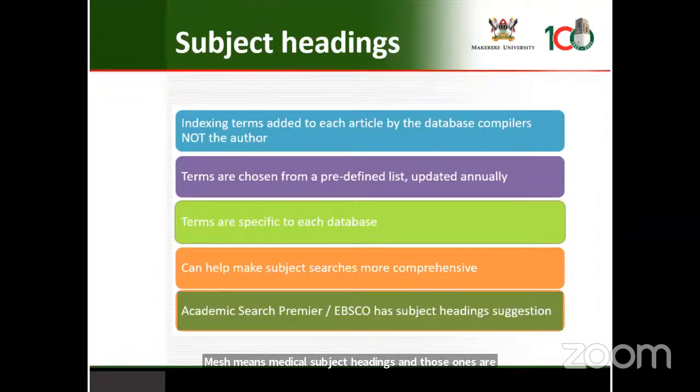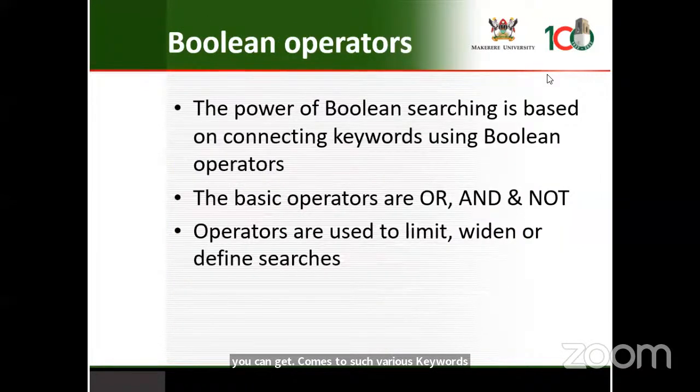We shall have a practical session in PubMed before we do our exercise. And I will show you the medical subject headings where you can get terms to search various keywords. Then another technique is called the Boolean operators.